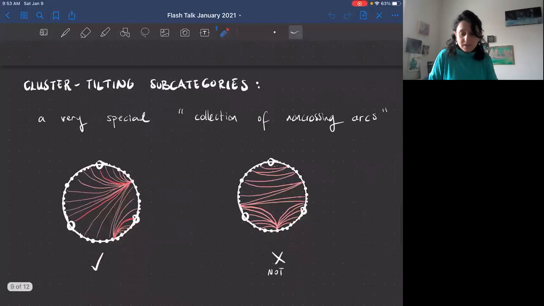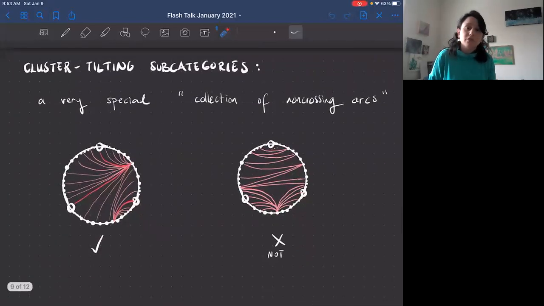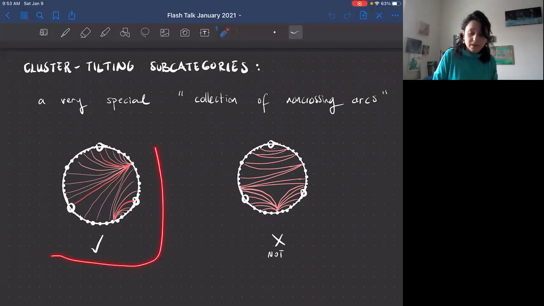But further, we studied cluster tilting subcategories. So we asked, can we classify all the cluster tilting subcategories in this setting? You can think of these subcategories as very special collections of non-crossing arcs. And then we realized that the cluster tilting subcategories have the following description.